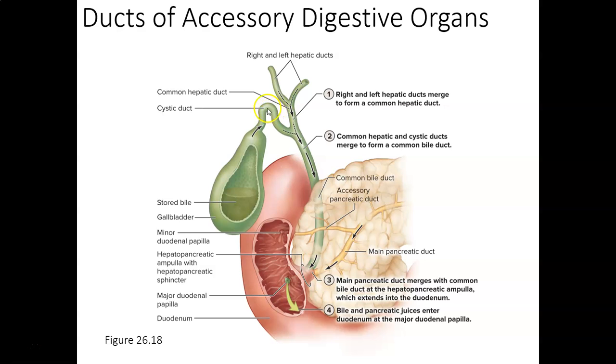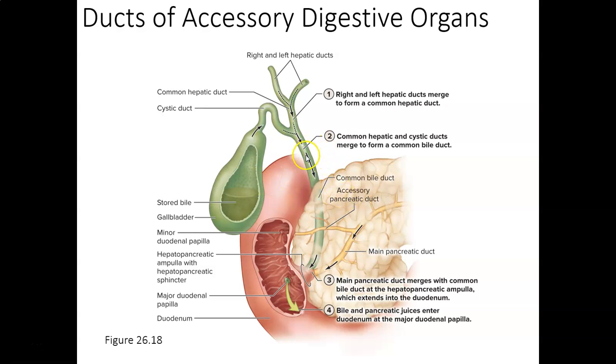Some of that is going to be stored in the gallbladder, so the bile can be concentrated and stored away. And this is the gallbladder, so there's a duct between the gallbladder and the common hepatic duct. It's called the cystic duct because it's connecting to the cyst, which is the gallbladder.